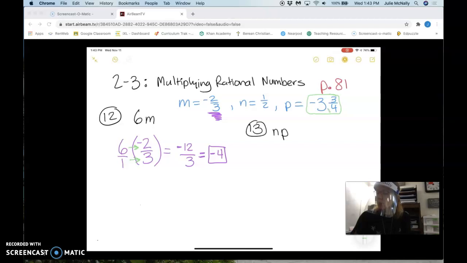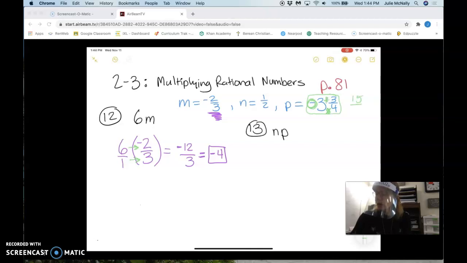So I'm going to multiply the bottom number by the big number. Ignore this negative for now. So 4 times 3 is what? 12, and then I'm going to add the top number, 12 plus 3, 15, and keep the bottom number the same.